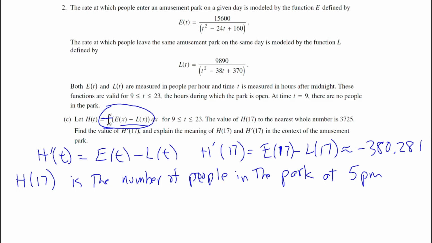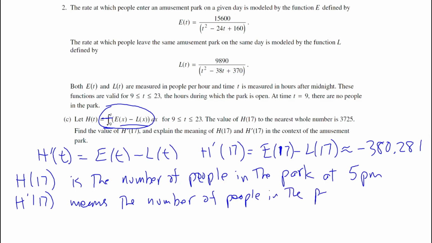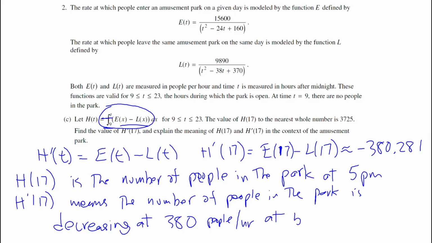So if it's negative, we're going to say h prime of 17 means the number of people in the park is, since it's negative, decreasing at 380 people per hour at 5 o'clock p.m. And they gave you 3 points for this.